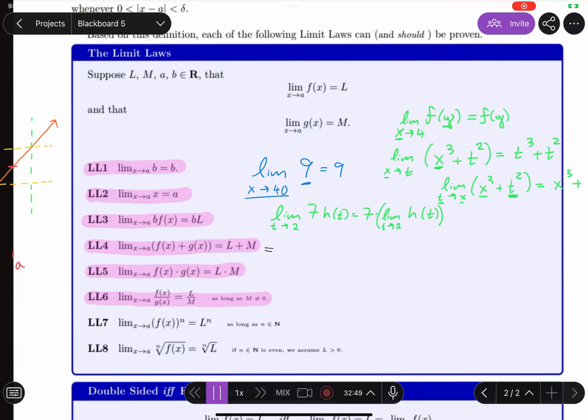Notice that what I could do is replace L right here. Another name for L is the limit as x approaches a of f of x. And another name for m is the limit of g of x as x approaches a.